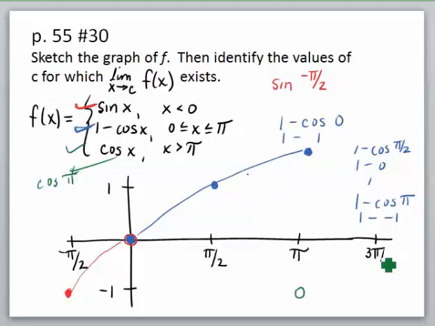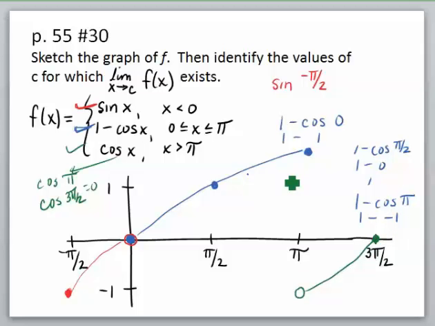So I'll go ahead and find out what is the cosine of 3 pi over 2, and the cosine of 3 pi over 2 is 0. So I'll put a colored in dot up here, and it probably has some sort of curve to it. So this is the sketch.